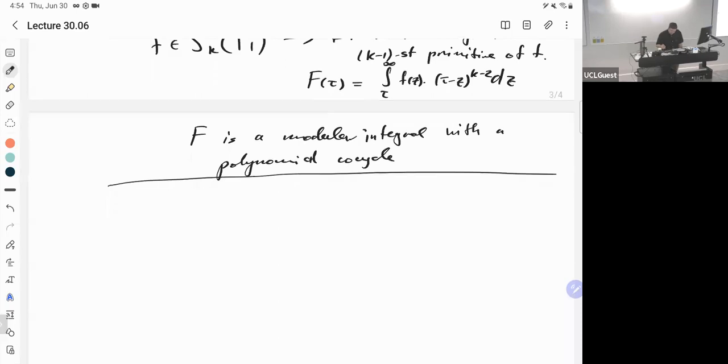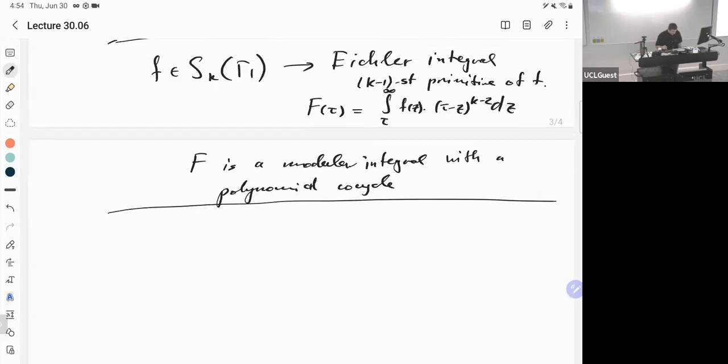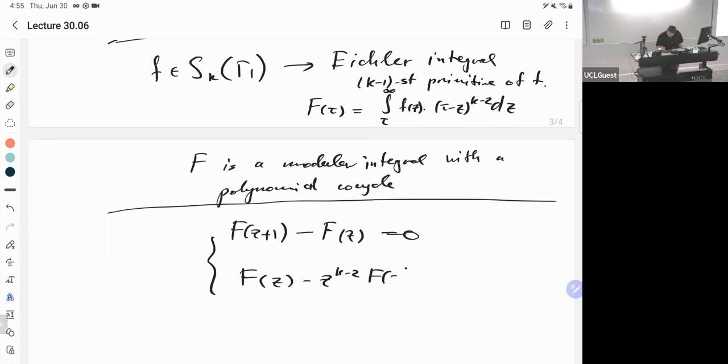I won't say much more about this story, but I want to say a few things. First, why is this good? Well, it turns out that one can study many things about the original cusp form f just by looking at a certain polynomial.